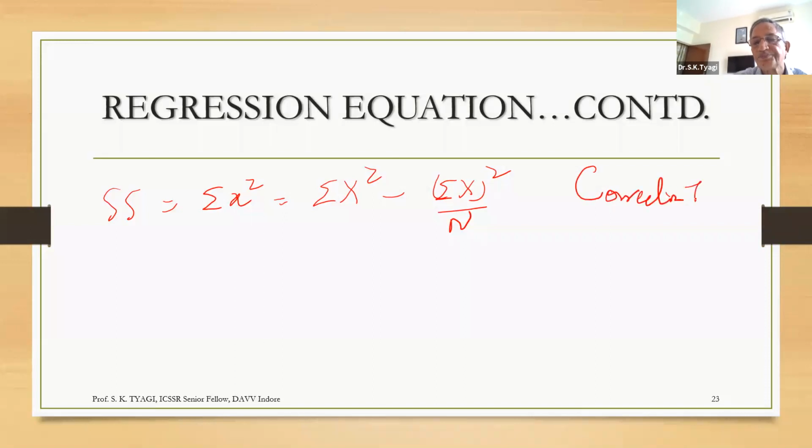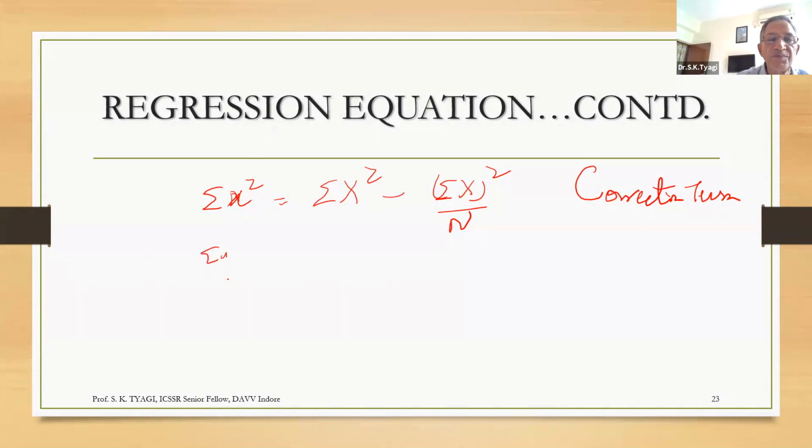Simply said, the sum of squared deviations from mean can be calculated using the sum of squares of the raw score, but by correcting it with a correction term. So the correction term for x is this.